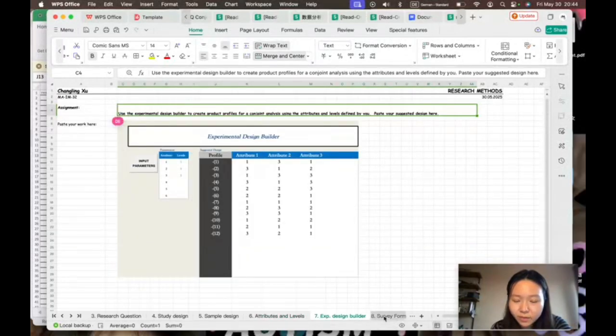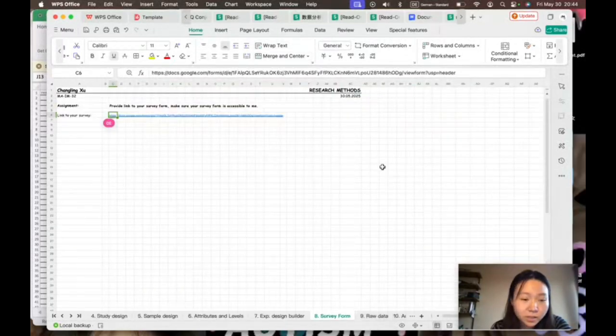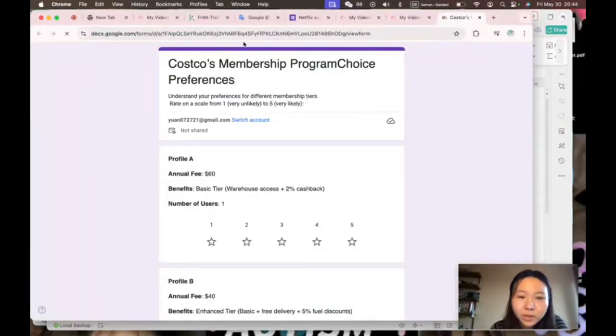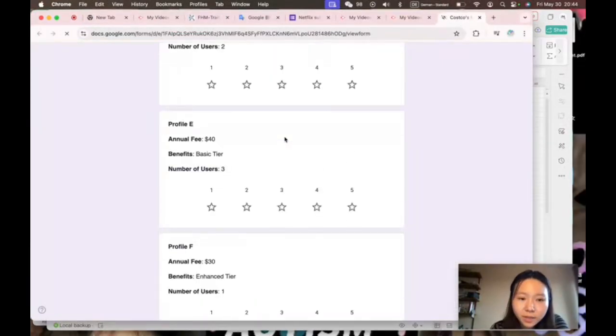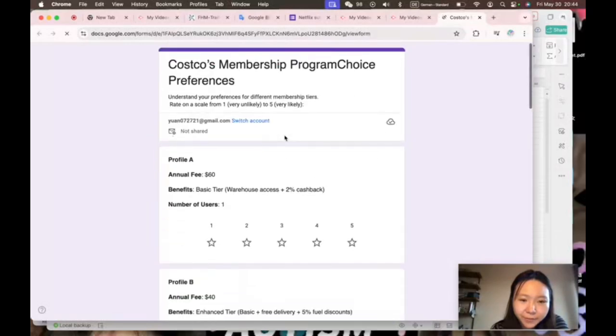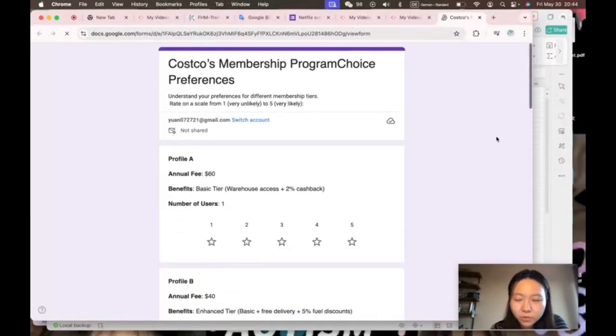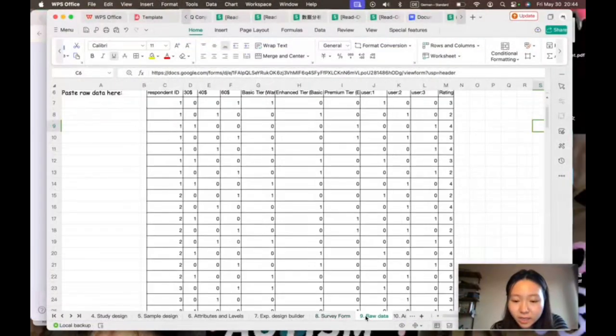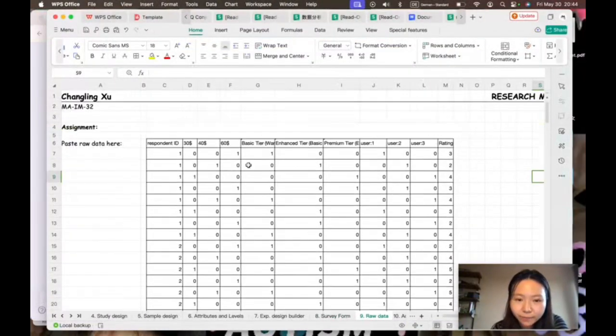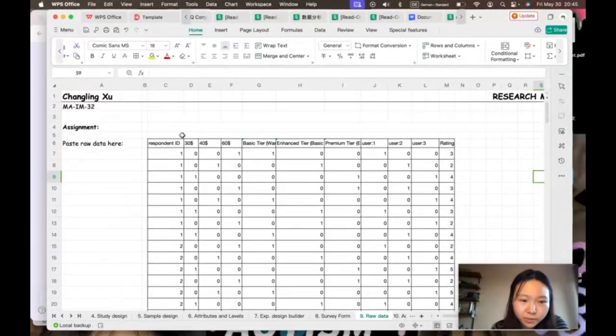The eighth is the survey form. That's my 8 profiles, the 8 questions about the survey. Then the raw data: I have here the respondent ID and their answers to the questions.